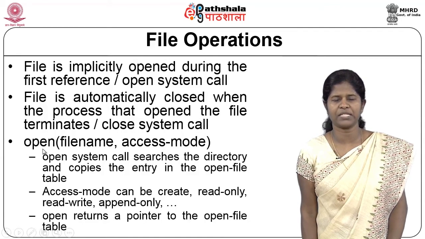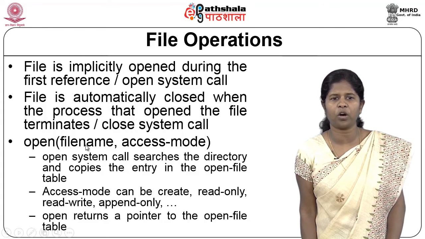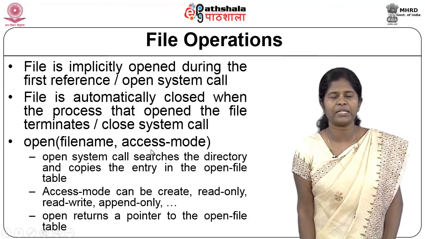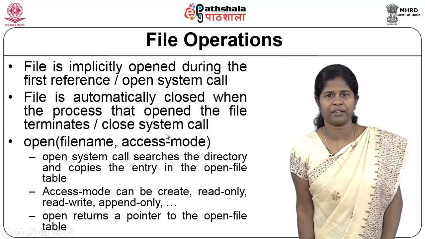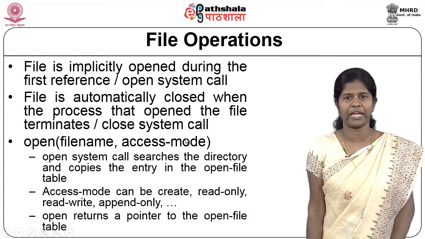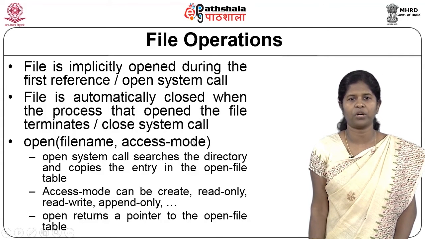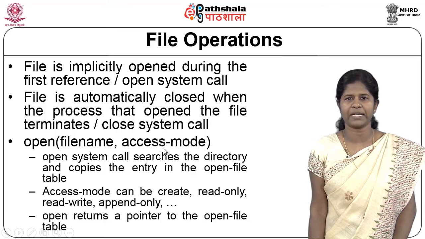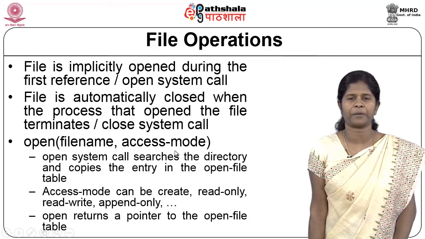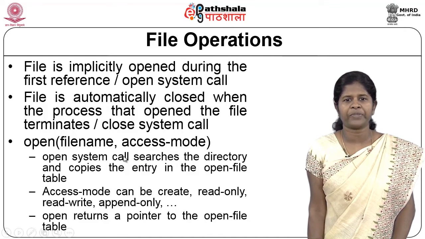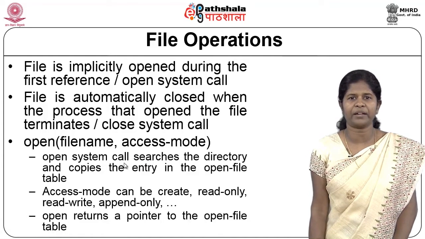Now, this is the general syntax for any open call. It will take the file name and the access mode, that is the mode in which you want to open the file, like if you want to open the file for reading or writing or read and write, and so on. This open system call will first search the directory, and it will copy that entry in the directory into the file table.